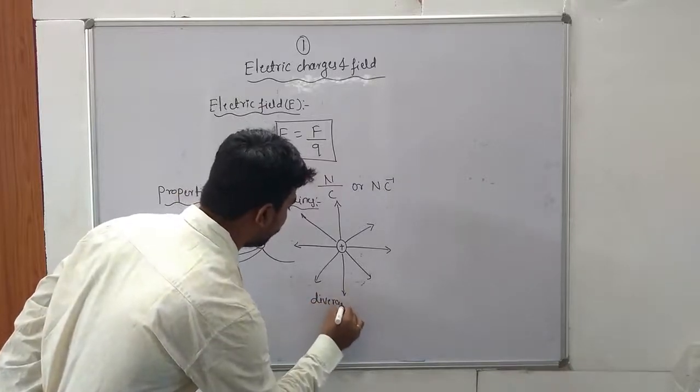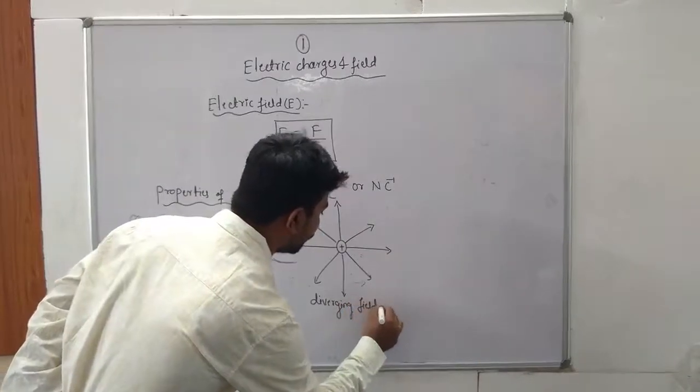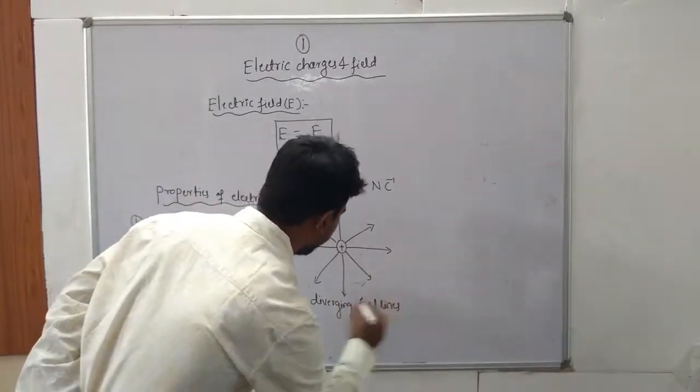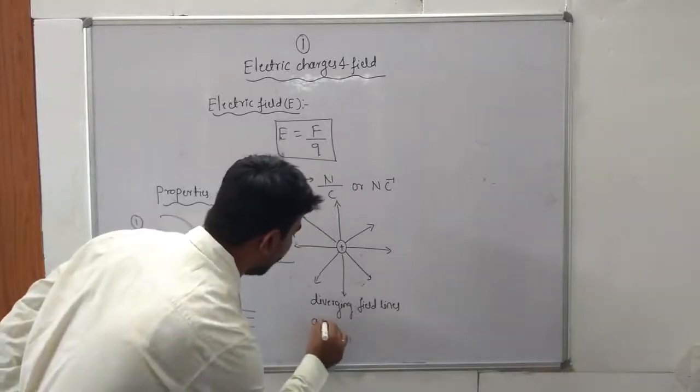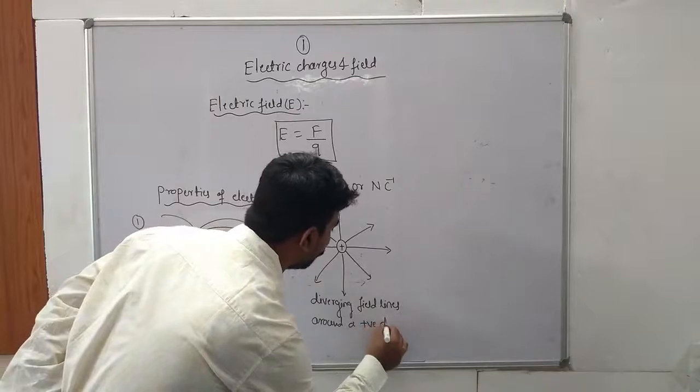Diverging field lines around a positive charge.